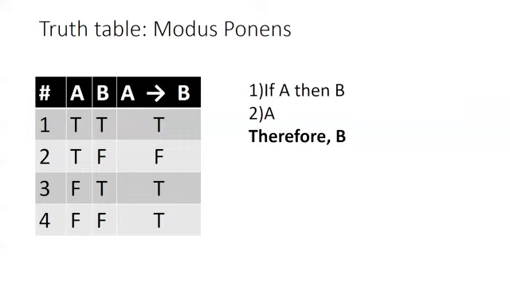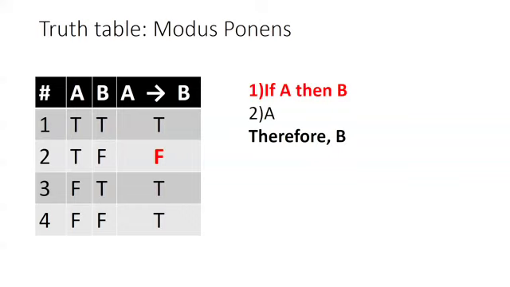So what we're going to do is eliminate, from the four possible scenarios, whatever the premises of this argument dictate, right? So the first premise is if A, then B. That will eliminate scenario 2, because scenario 2 is the scenario in which if A, then B is false. Again, why is that? Because that's the scenario in which A is true, but B is false.